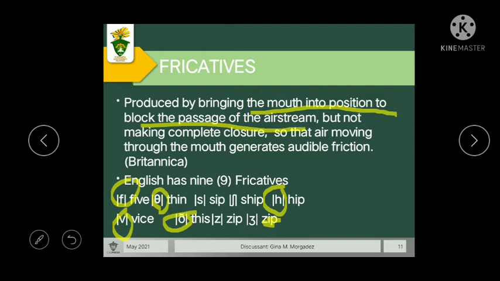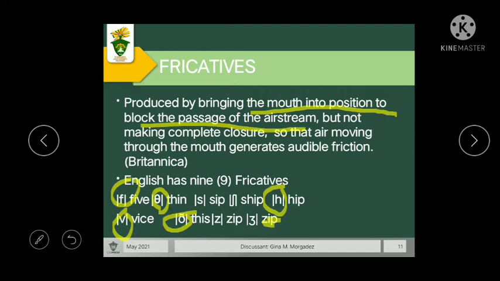With fricatives, there is some constriction of the airflow in the oral cavity. For instance, when th and th are articulated, the tongue does not completely block the flow of air as it touches the upper teeth. Instead, it creates a narrow opening through which the air flows, resulting in turbulence in the oral cavity.